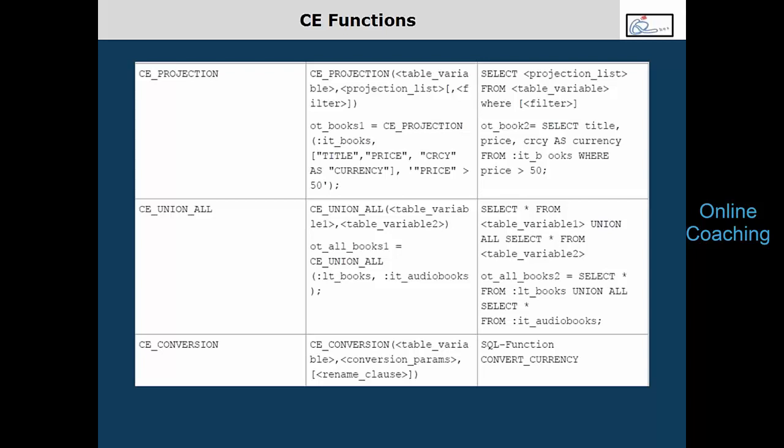Let's say I have a select statement like this. Two things you can do with projection. One is projecting only certain columns and the other is applying a where clause. Say, for example, I have a table with 5 columns.